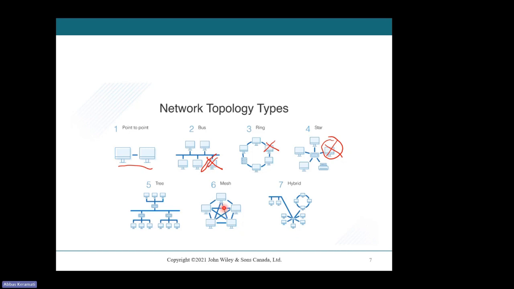In a mesh, we have a network of all connected devices, all with point-to-point connections, one-to-one. And then we have a tree topology, which is a hierarchical tree of connections.